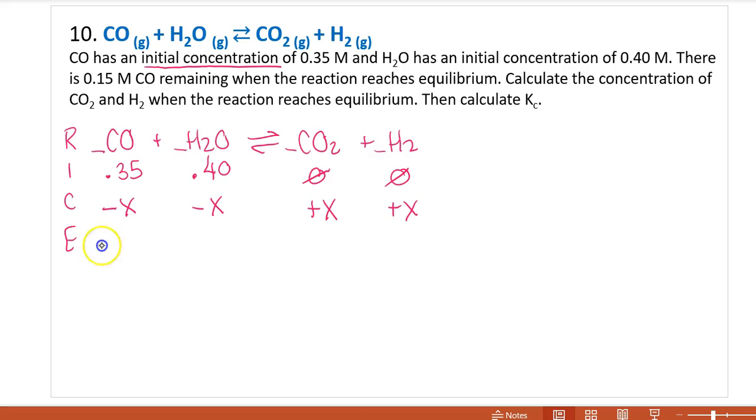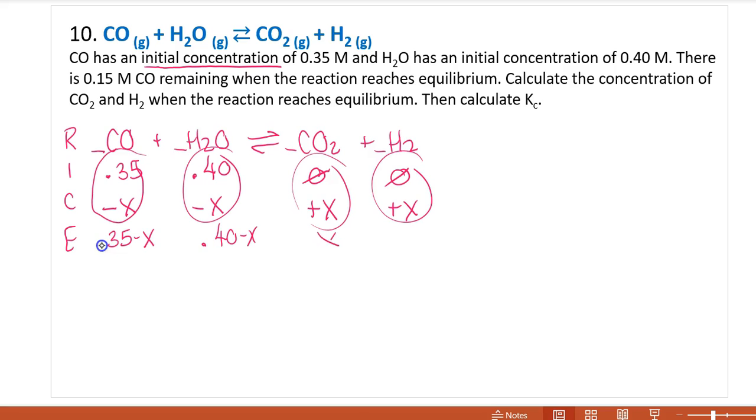So at equilibrium, the concentration of carbon monoxide will be equal to 0.35 minus x. Water will be equal to 0.40 minus x. Again, just combining these two. Carbon dioxide will be equal to x. Hydrogen will be equal to x. Last piece of information, we are given the concentration of carbon monoxide at equilibrium.